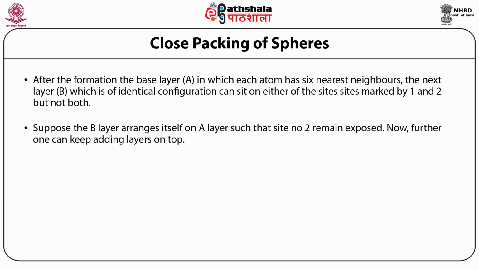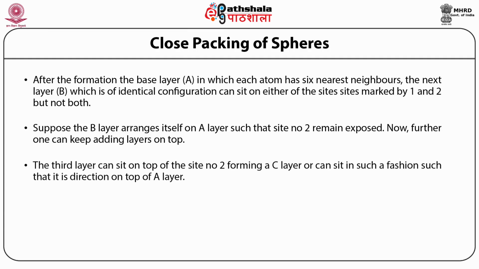Suppose the B layer arranges itself on the A layer such that site number 2 remains exposed. Now, further, one can keep adding layers on the top. The third layer can sit on the top of site number 2, forming a C layer, or can sit in such a fashion that it is directly on top of the A layer.